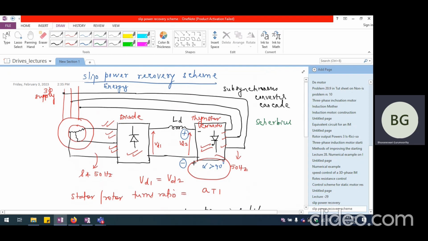So we also call this static Scherbius drive. So the slip energy recovery or slip power recovery goes by all different names. One is subsynchronous converter cascade. The other one is static Scherbius drive. So we will look at slip energy recovery in detail in the next.